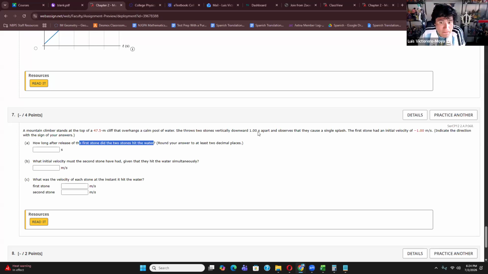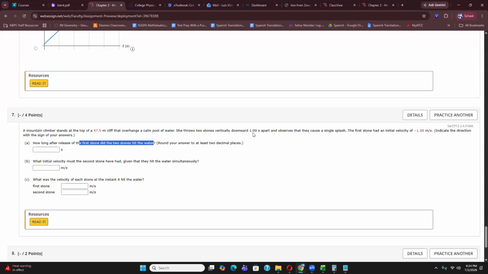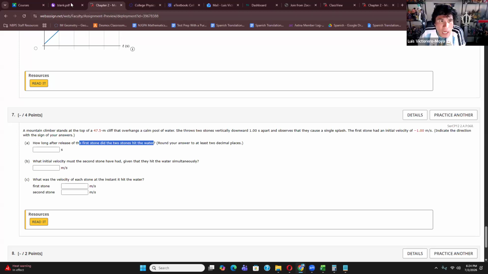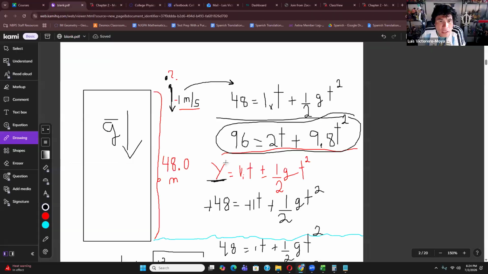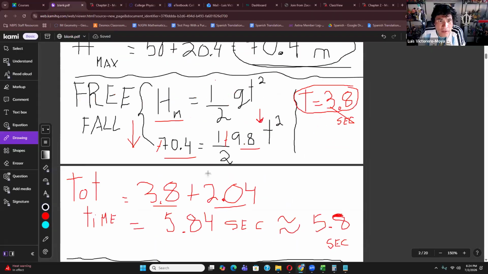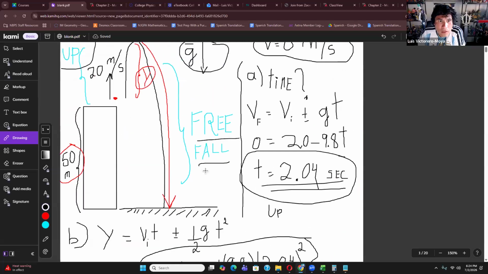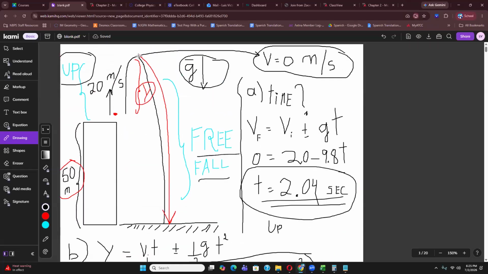In the previous free fall question, the initial velocity was 0.